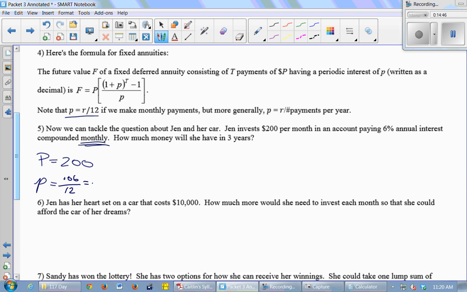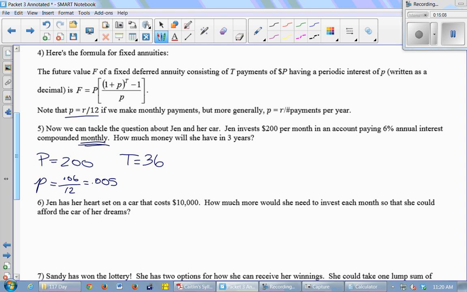And I think that's 0.005. So little p is 0.005, and then I need capital T, which is the number of monthly payments. How many monthly payments is she going to make? 36. She's doing this for 3 years, monthly, 36 deposits of $200.